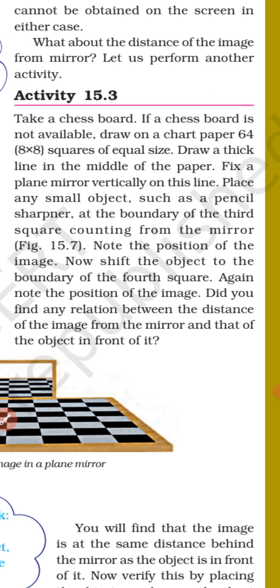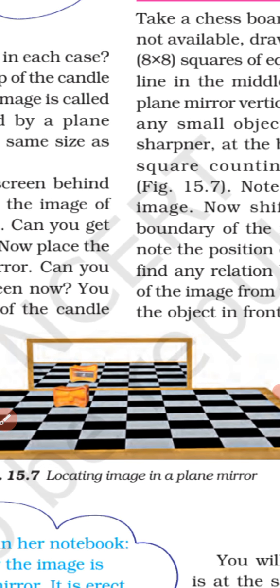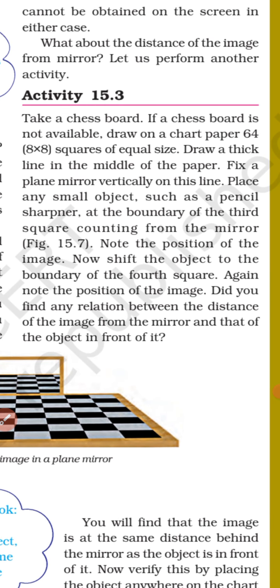Okay, note the position of the image. After noting the position of the image, you can find that the image is also located at the boundary of the third square. Now shift the object to the boundary of the fourth square. Again, note the position of the image.